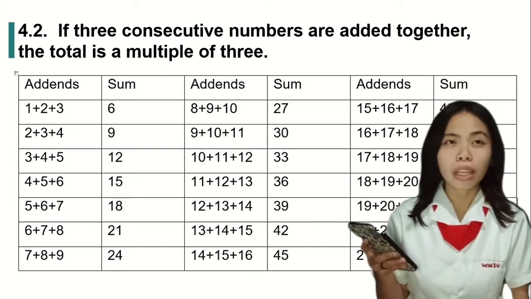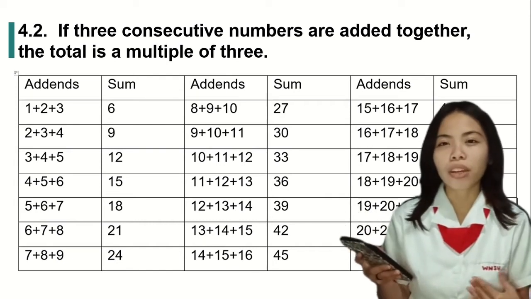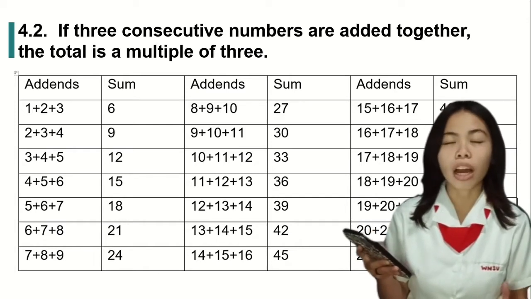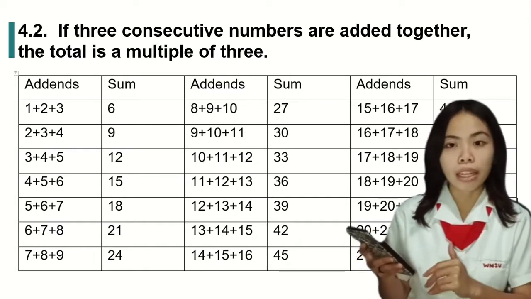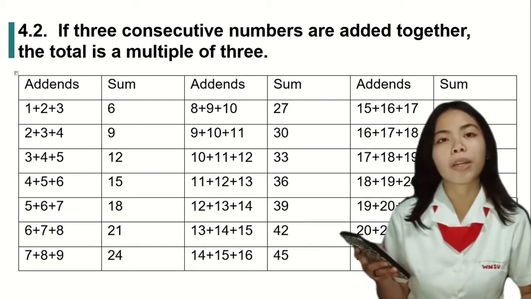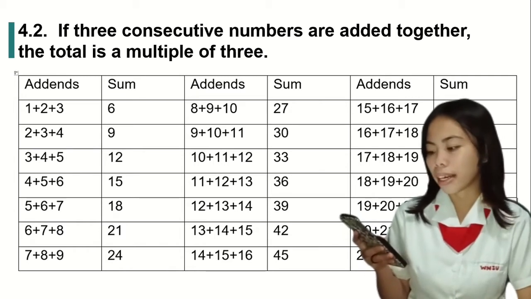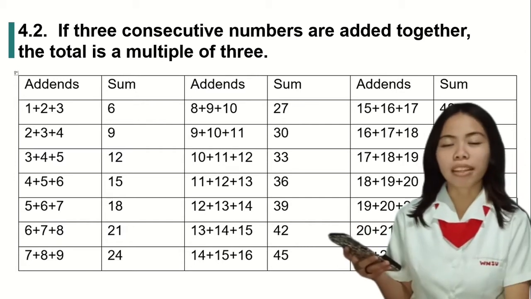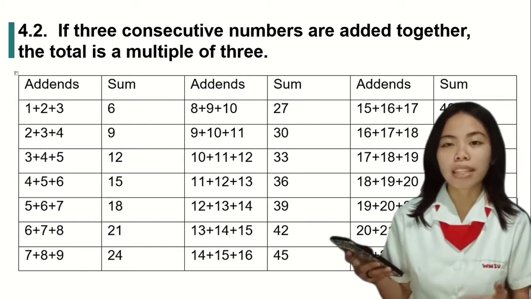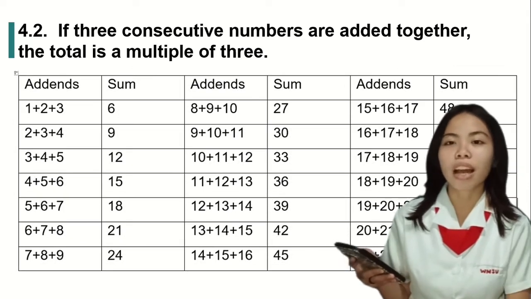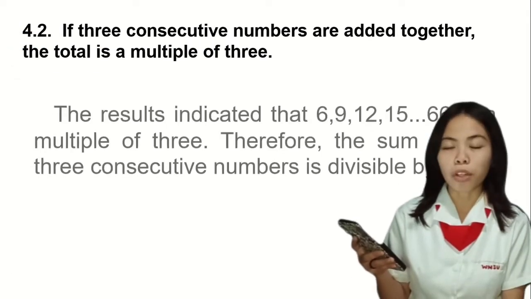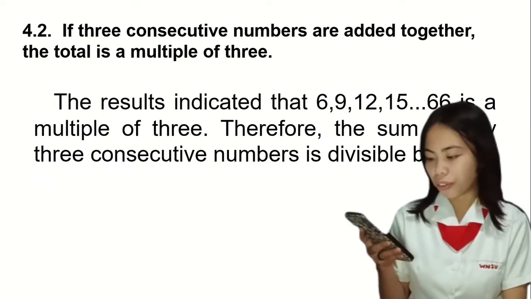We can observe that the results are multiples of 3. So 6 divided by 3 equals 2, 9 divided by 3 equals 3, and 12 divided by 3 is 4. As you can see in the table, you can easily identify that the sum of three consecutive numbers is a multiple of 3.